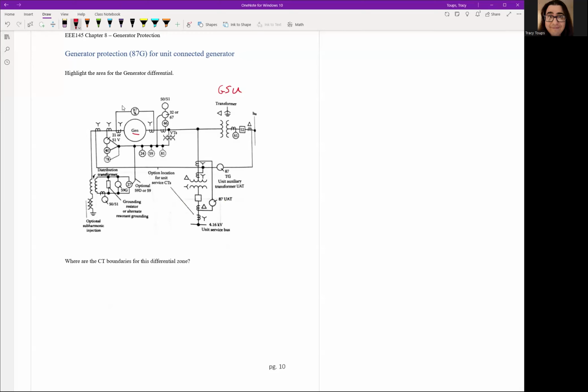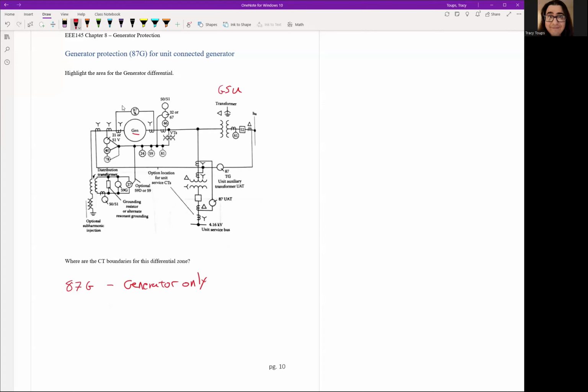So the first step is let's do our most internal differential zone, which is the 87G. This is right outside, so this covers the generator only. And where are the boundaries, which is the CT?